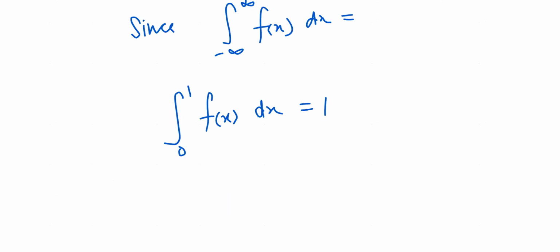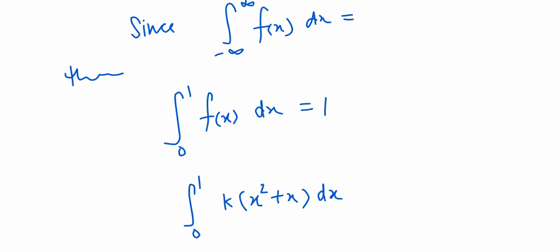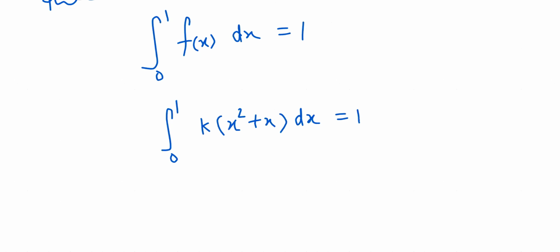Then the limit 0 to 1 and f(x) is k into (x square plus x) into dx is equal to 1. Meaning is that by using this concept, we need to find the value of k first because this is an unknown value, okay? Then we will use the CDF formula.